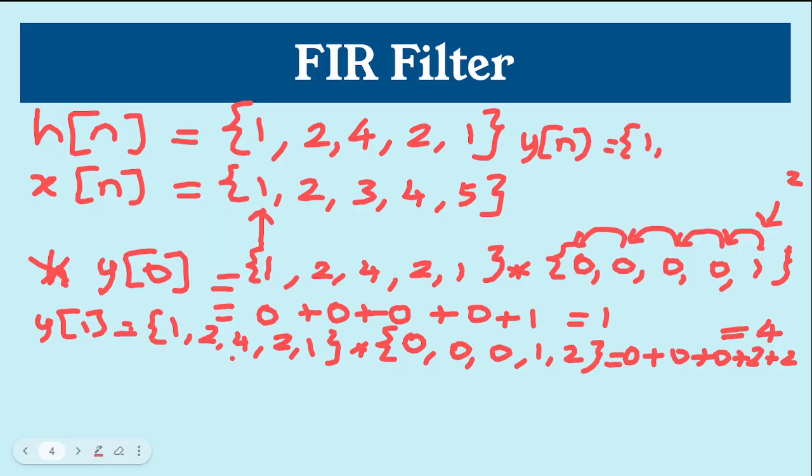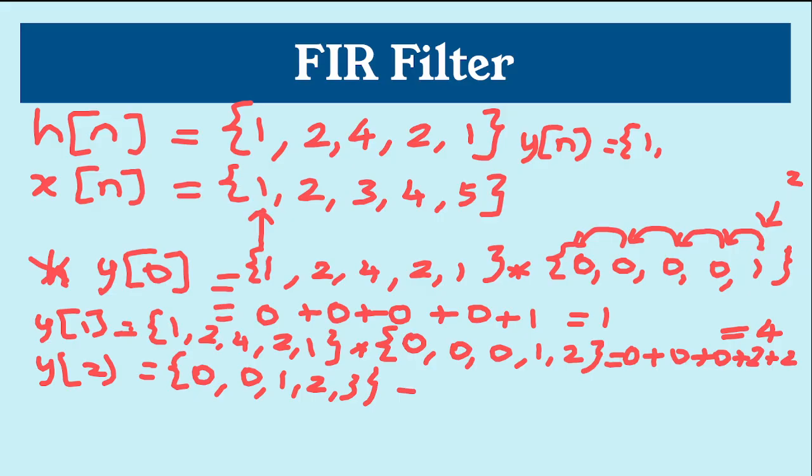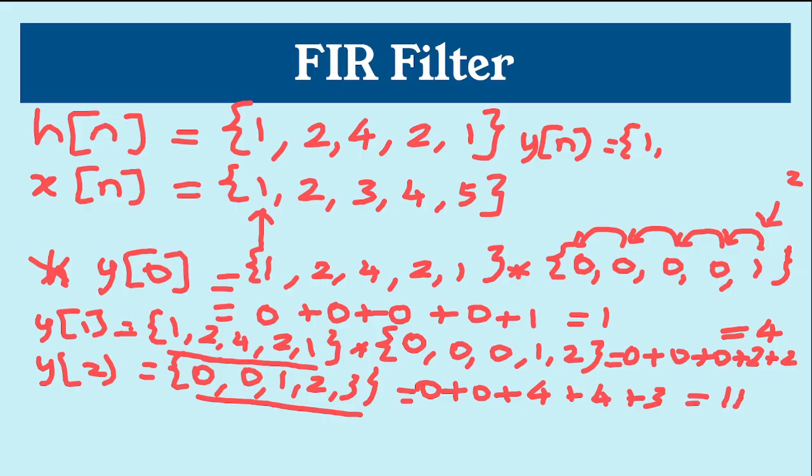Similarly for y of 2, you will get 0 0 1 2 3. When you multiply that with the coefficients and add it up, you will get 0 plus 0 plus 4 plus 4 plus 3, which is 11.